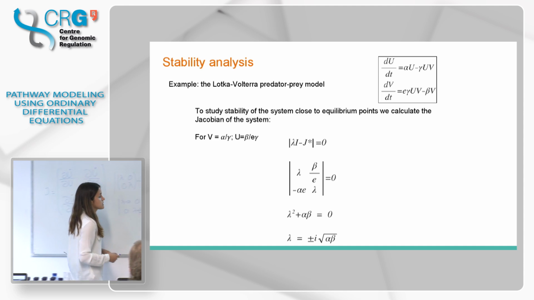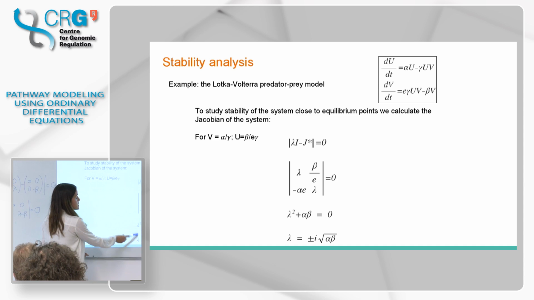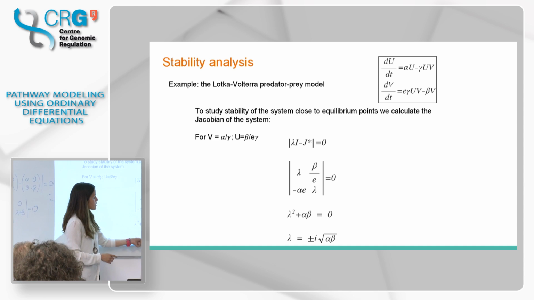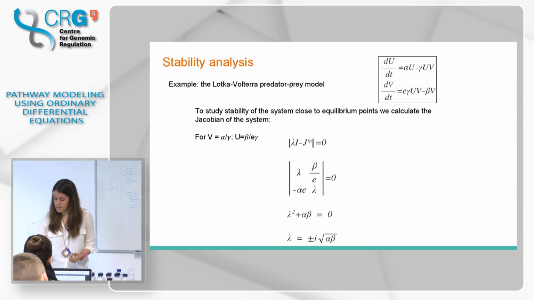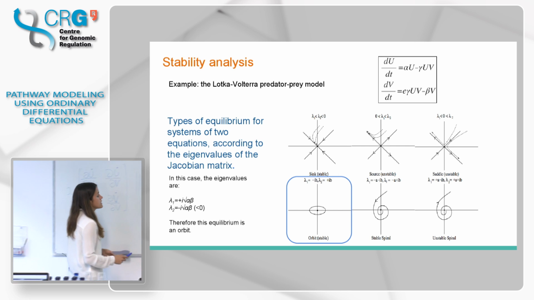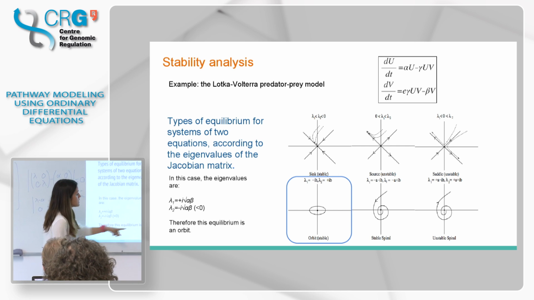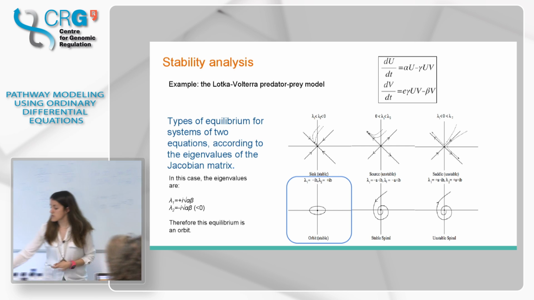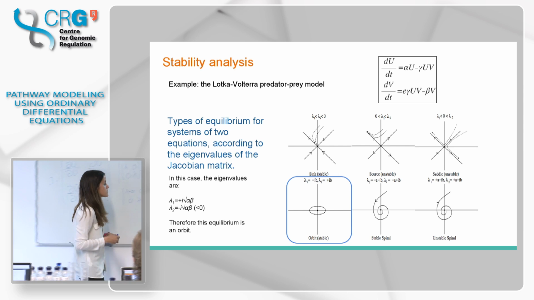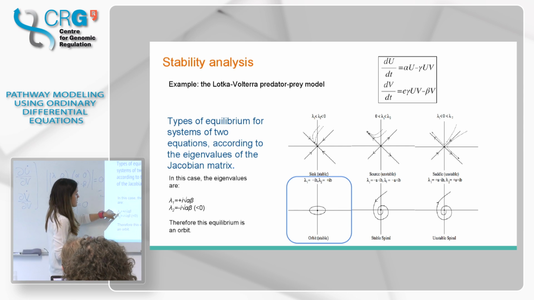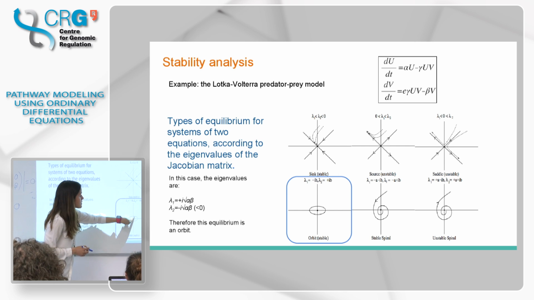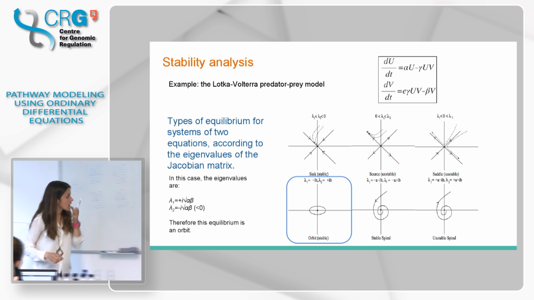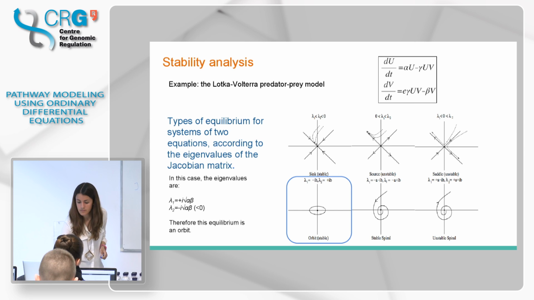In this case, we have this result, which means that we have some complex numbers here. So in this case, we are in an orbit, because we have one positive and one negative, which means that we're going to be here.